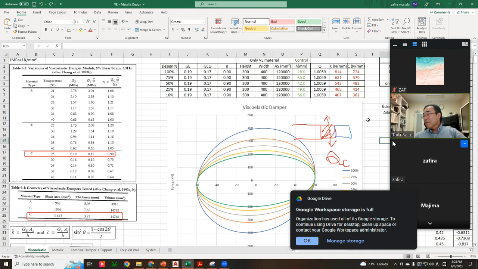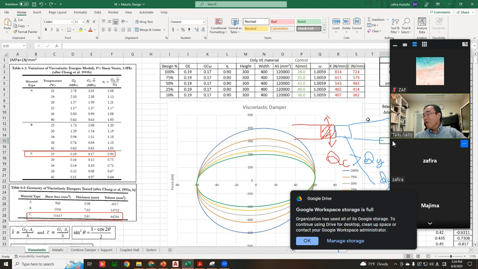So for the metallic damper, for example, you design it to yield at QY. So if QC is more than QY, the total shear force, in the elastic range, is something like this, an oval shape, because of the viscoelastic.